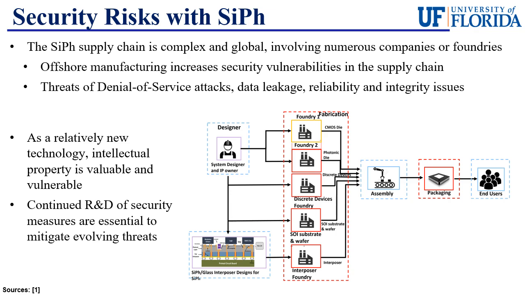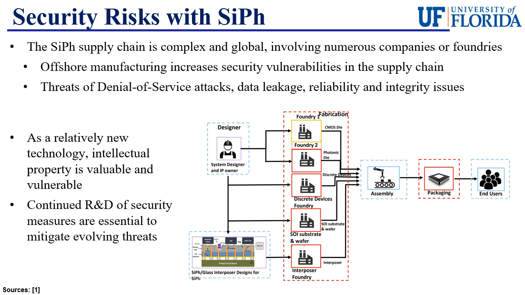In this step, there are a lot of moving parts and potential for unwarranted modifications that can lead to denial of service attacks, data leakage, and reliability and integrity issues. After all of these components are fabricated, they then need to be assembled and packaged, which gives rise to more security vulnerabilities as the device is sent across the globe before it finally reaches the end users.